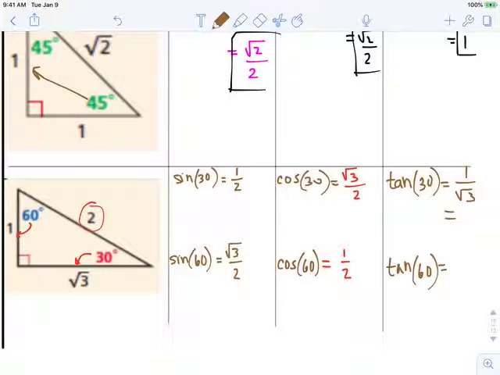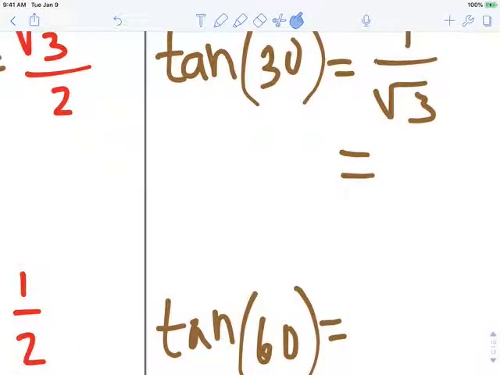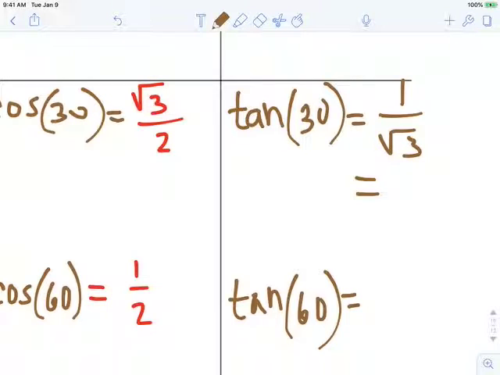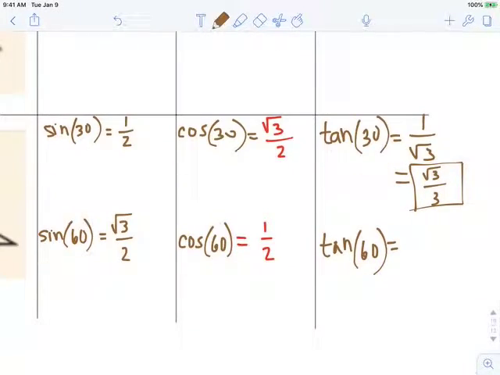If you simplify that, what's that going to be? Square root of 3 over 3, right? Square root of 3 over 3. Okay, so we have to be able to rationalize denominators, which is what we're doing.